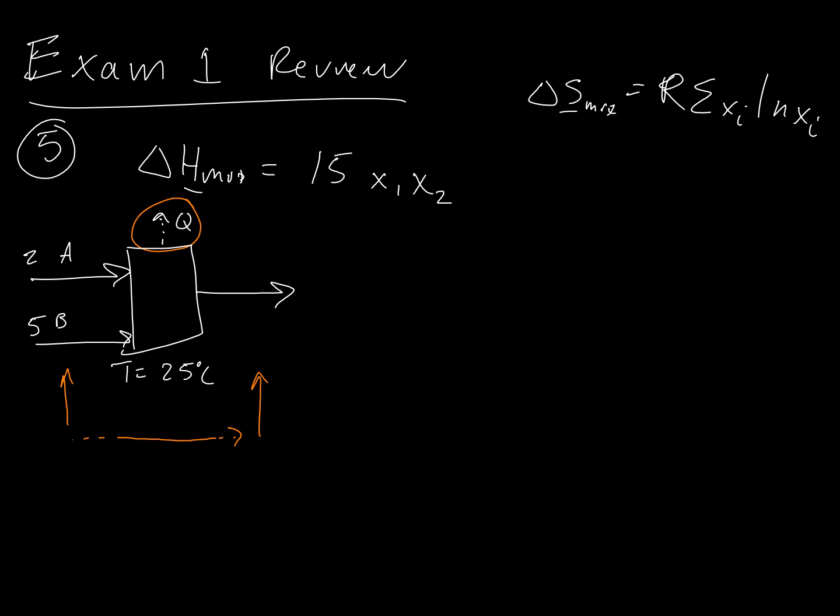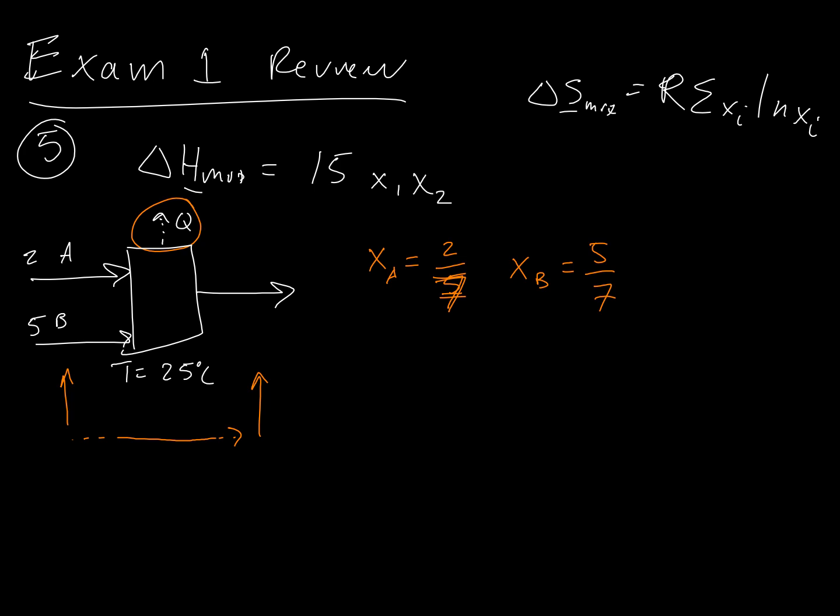So if we were to plug in the delta H of mixing, we would need to know that x of A is 2 over 7, and x of B is 5 over 7. But it doesn't matter, it's symmetric, right?